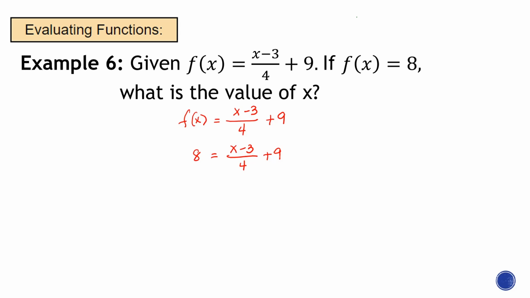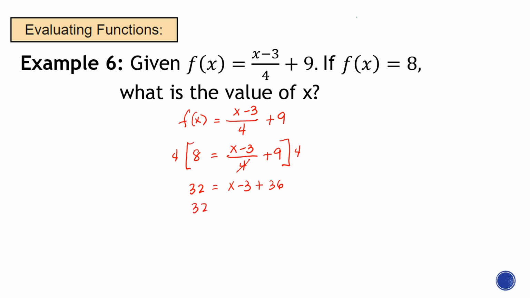So every time you encounter a fraction in an equation, like in this case, we can simplify this by multiplying both sides by positive 4. So 4 times 8 is 32 equals, we can cross that out, x minus 3 plus 36.